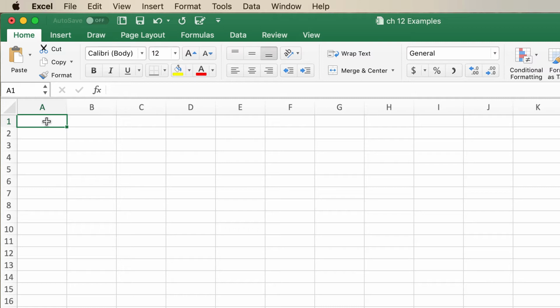So we have three products here: A, B, and C. Real original, I know, but hey, we work with what we got. We need to figure out what their original selling price is.